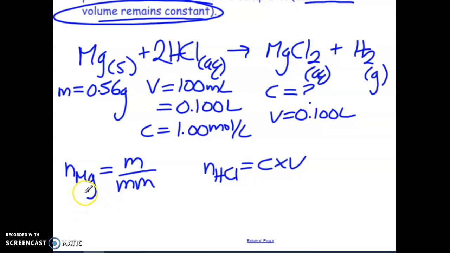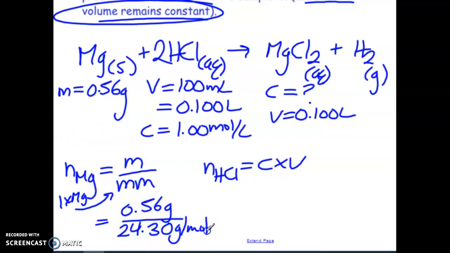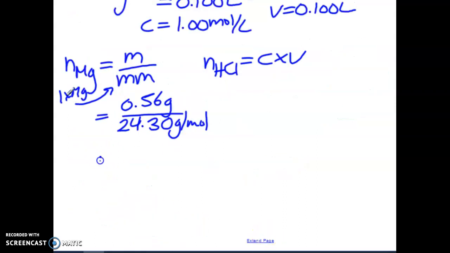So the molar mass for this is just going to be 1 magnesium, right? So we have 0.56 grams over, magnesium is 24.30 grams per mole. So we get here 0.56 divided by 24.3.